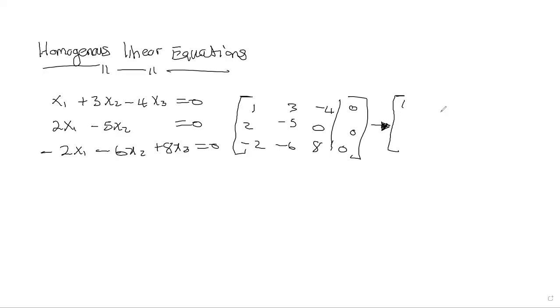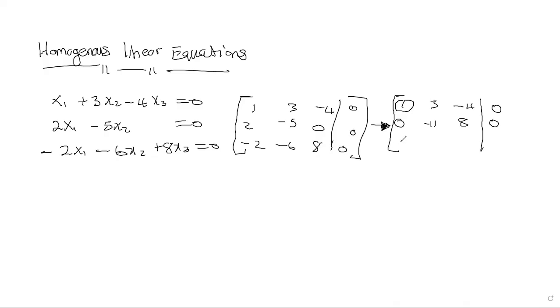For example, here, the leading one, 3, minus 4, and then multiply by minus 2, you're going to get 0. Minus 2 times 3, we're going to get minus 6, and we're going to get 8. Here you always get 0, even if you say 2 times 0 plus, it will always be 0.